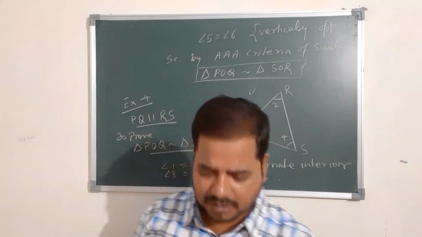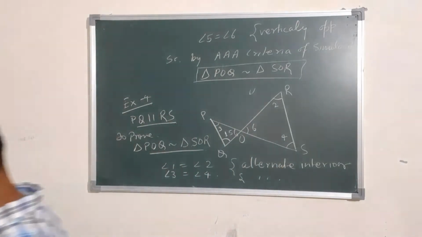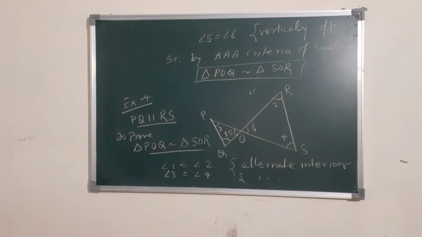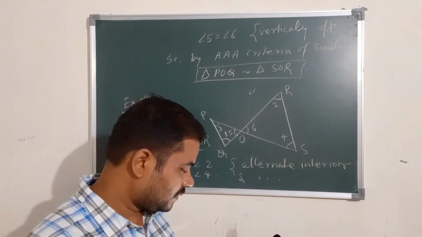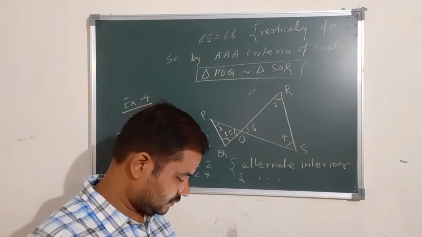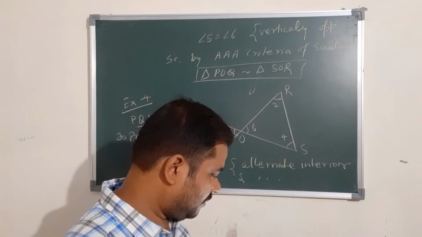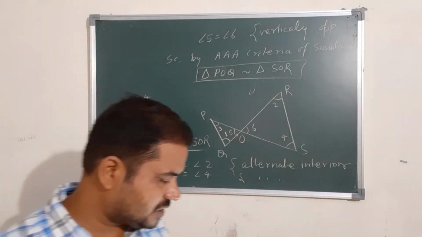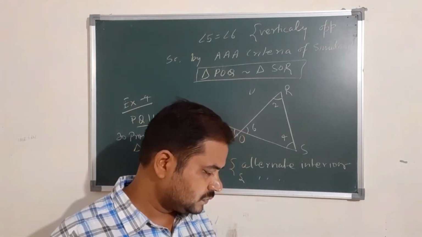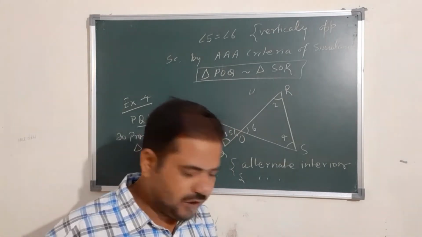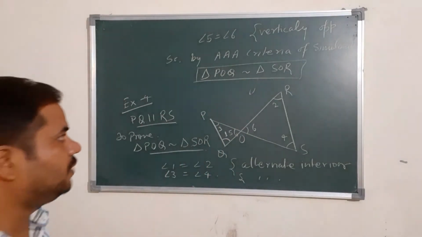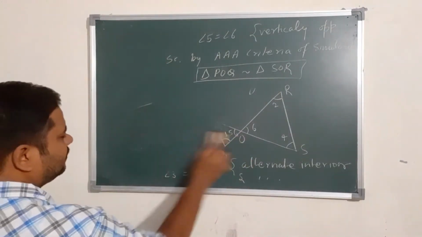Now next we have to see example number 5. Observe the figure 6.30 and then find angle P. First of all, we make the figure.